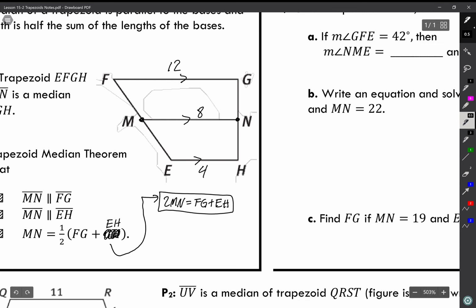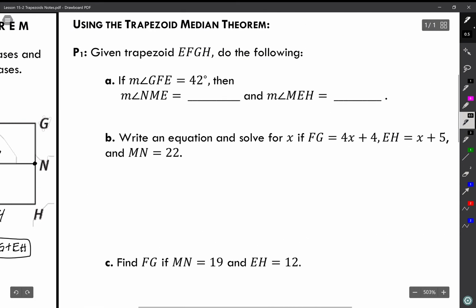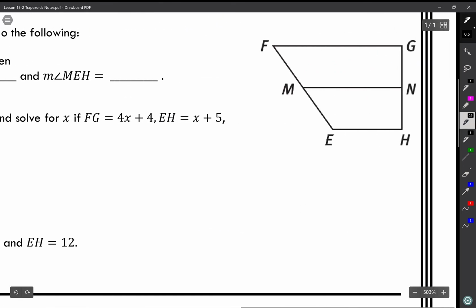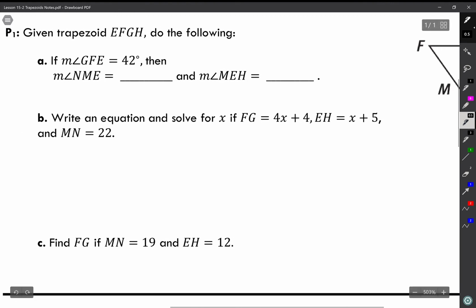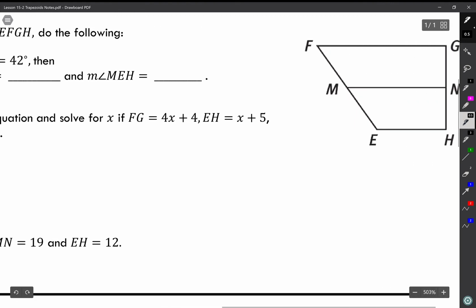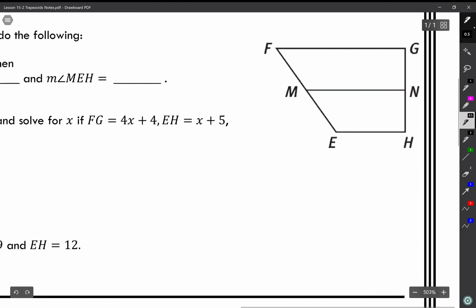So if you're given the two bases, add them up, divide by 2. That's kind of like the average of the two. Okay, P1. Given trapezoid EFGH, which we have right here, do the following. If the measure of angle GFE is 42 degrees, so GFE right here, 42 degrees.